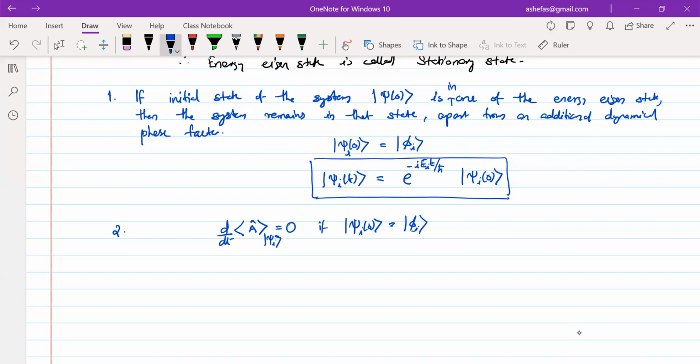So the expectation value of the operator is constant in a stationary state. These are the two reasons why energy eigenstates are said to be stationary states. Okay, so with this, we have completed our discussion about the Schrodinger picture.